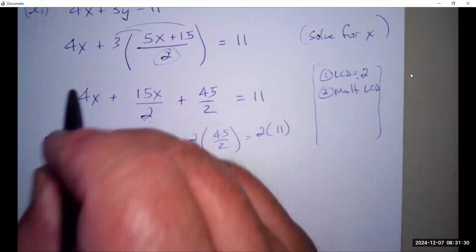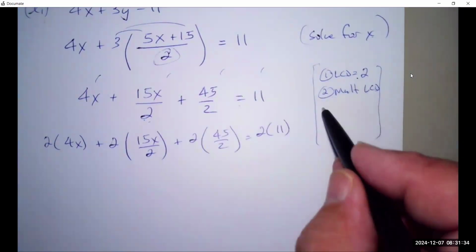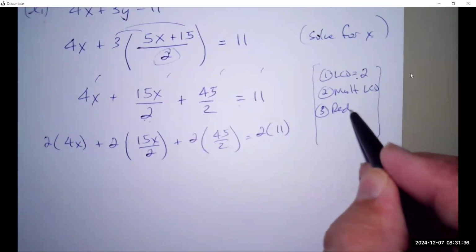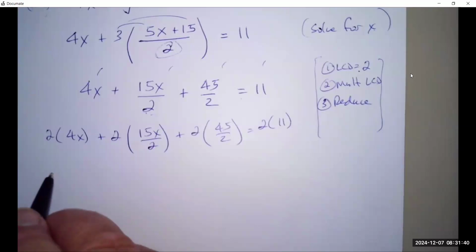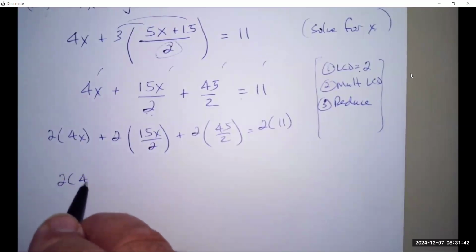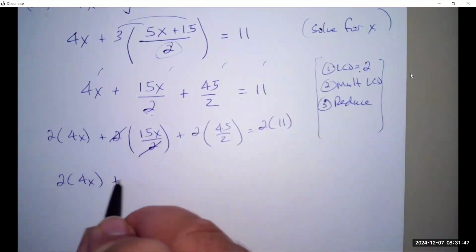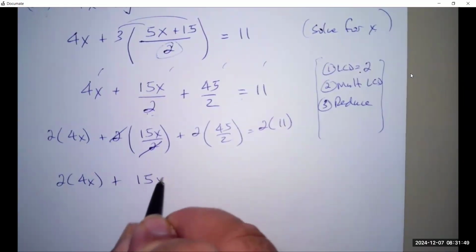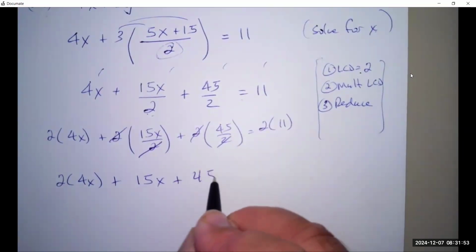We multiplied each term by the LCD. Reduce to get rid of the denominators. Nothing there. This 2 and that 2 cancel, leaving me with 15x. This 2 and that 2 cancel, leaving me with 45.